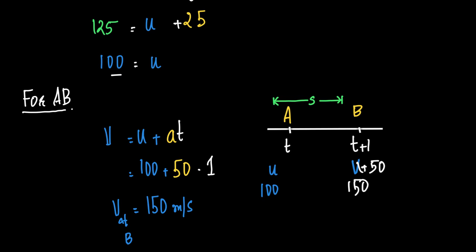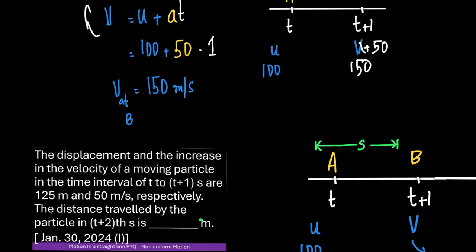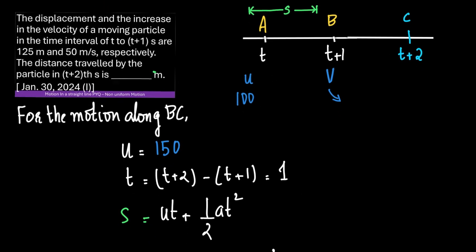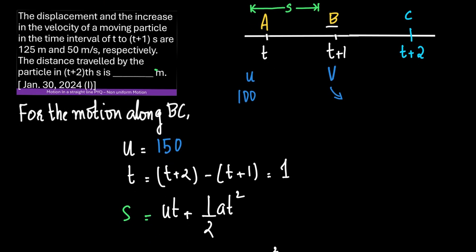Or you can go for the first equation of motion, v is equal to u plus at. And now we have found out that at B, the velocity is equal to 150 meter per second, right? So for the motion along AB, the displacement is s, the initial velocity is u, and the final velocity is 150 meter per second.